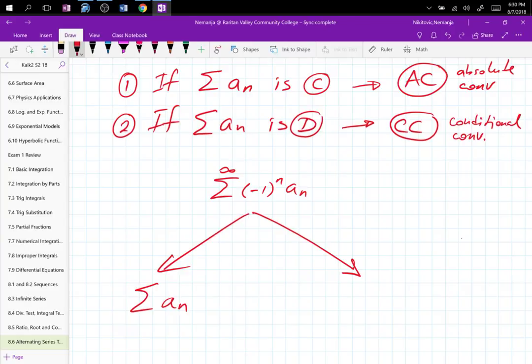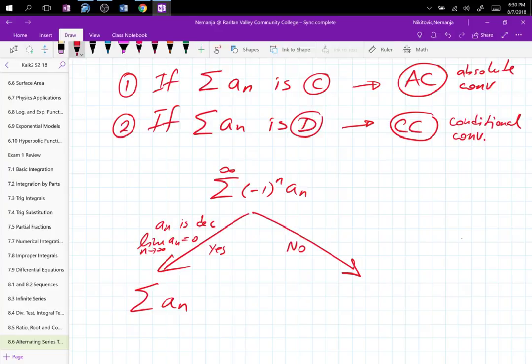So over here, you check that a_n is decreasing and that the limit of a_n is equal to 0. If that's a yes, you go and do the summation without the -1 term.